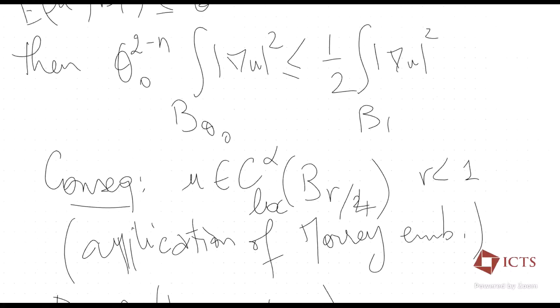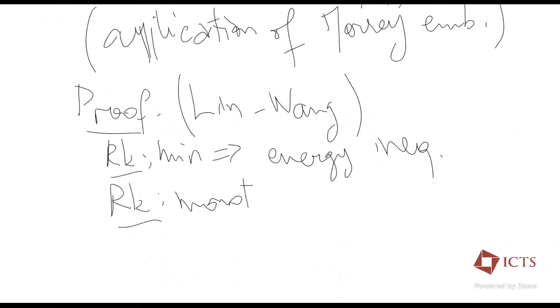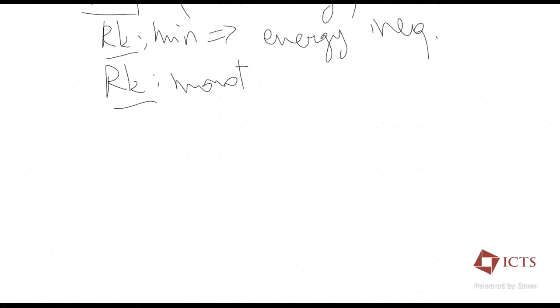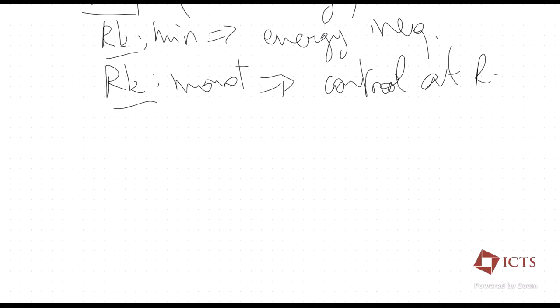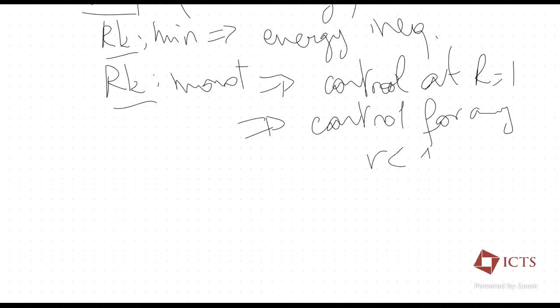So the monotonicity of the energy gives you that control at r equal to 1 implies control for any r less than 1. This is exactly what monotonicity is giving.